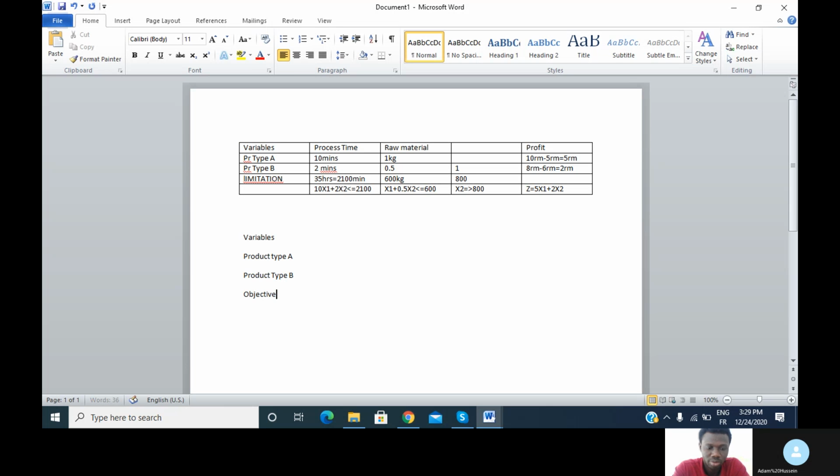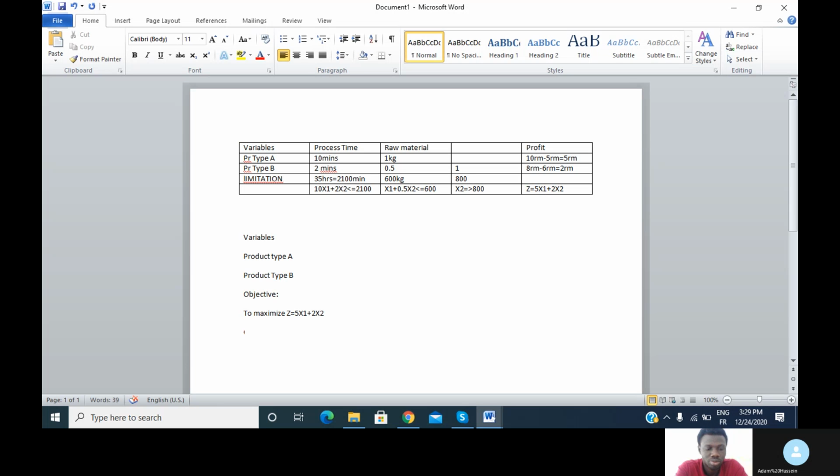The objective is to maximize profit, which is z equal to 5x1 plus 2x2. That's the objective. We have to maximize the equation z equal to 5x1 plus 2x2.